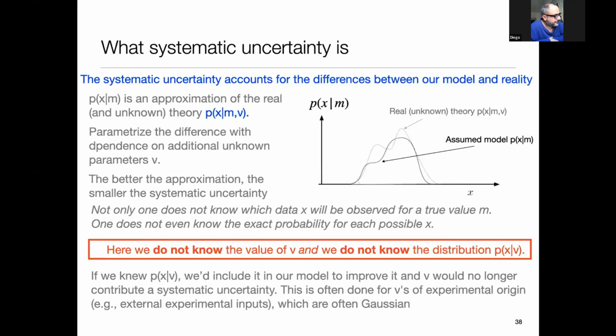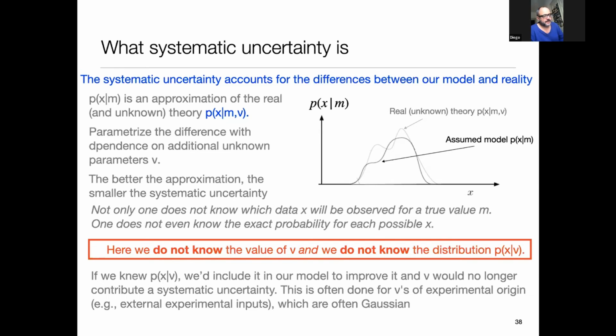And so one can parameterize that by imagining that even if I assume my model to be P of X given M, the real model will also depend on an additional set of parameters, nu. So the real unknown theory will be P of X given M, comma, nu.